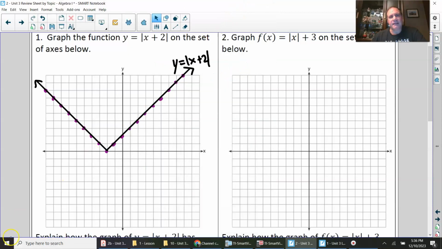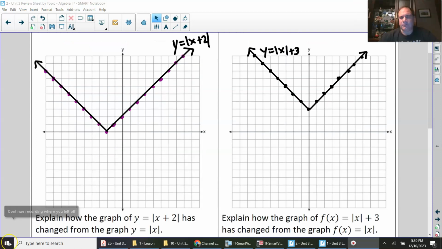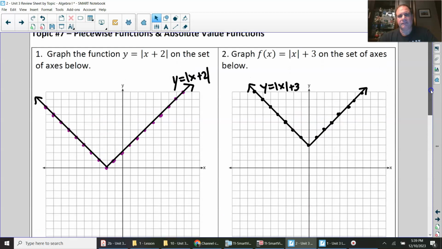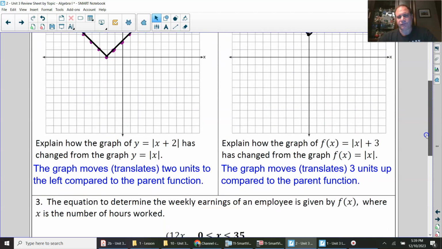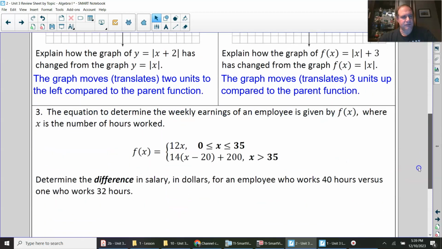So I'm going to graph that, and then I'll come back and show you the results. You can graph that and press pause. Okay, and that is 3 units up, and that is the graph of the absolute value of x plus 3. The graph moves, translates 3 units up compared to the parent function.